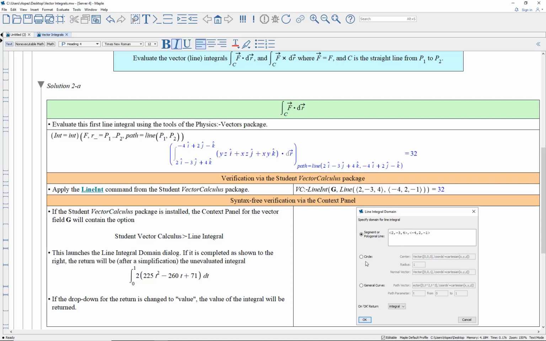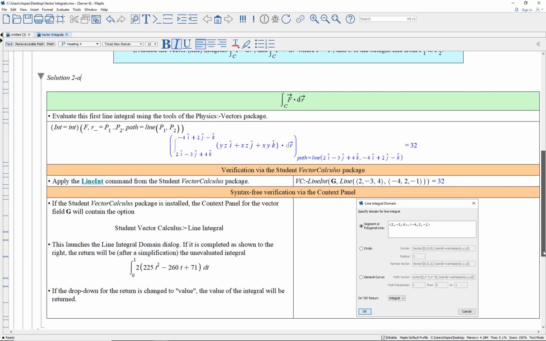We could integrate over a circle or over a general curve, which would be given in parametric form as a vector representation here. The integrand, integral from 0 to 1, is what you get when you say integral. If you say value, you will get the value, and it will turn out to be 32.